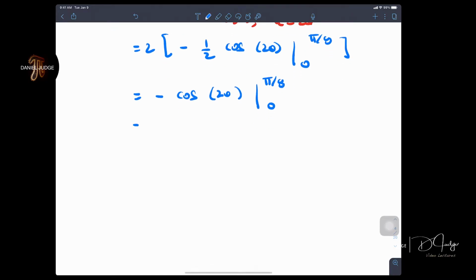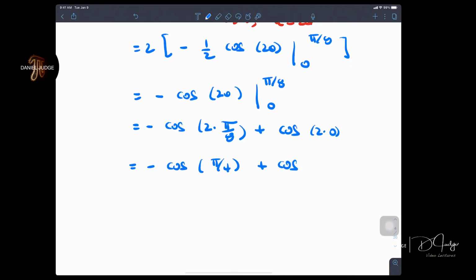So when we apply our limits, we get minus cosine 2 times pi over 8 plus cosine 2 times 0. So minus cosine pi over 4 plus cosine of 0. Now, cosine of 0 here is the value 1.